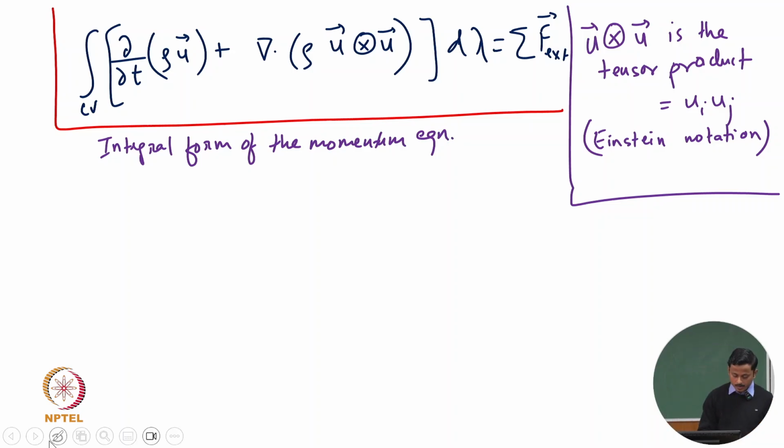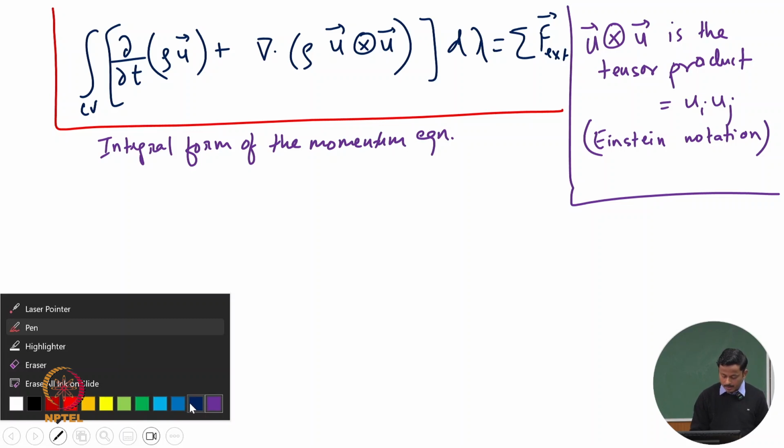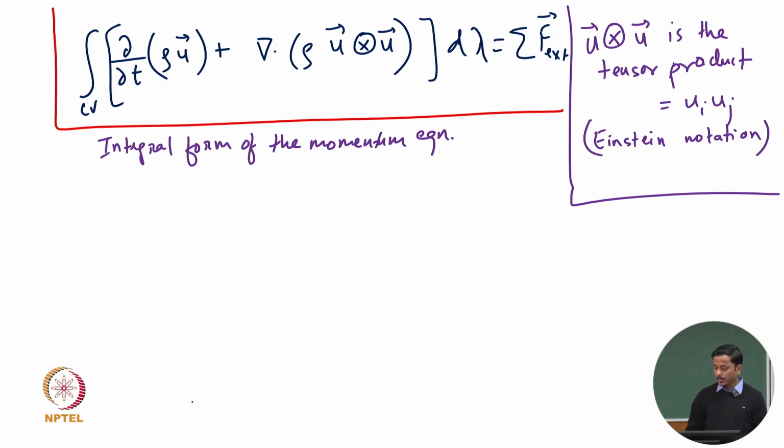So now, what are the kinds of forces that can act on a system? That will help us break down this equation into terms of variables that we usually encounter. For example, let's say gravitational force or other kinds of forces.